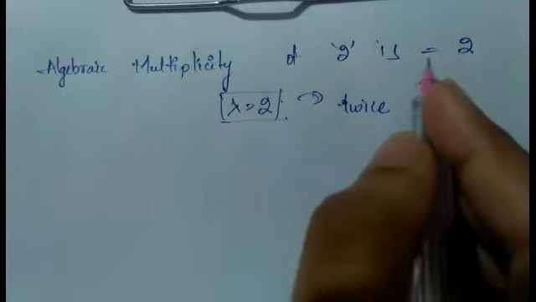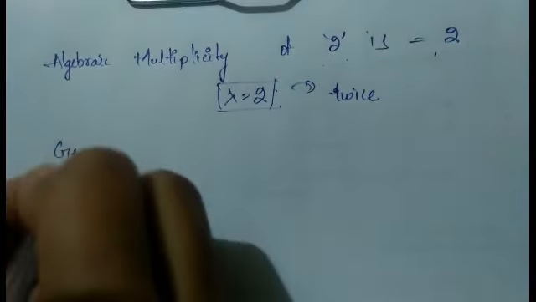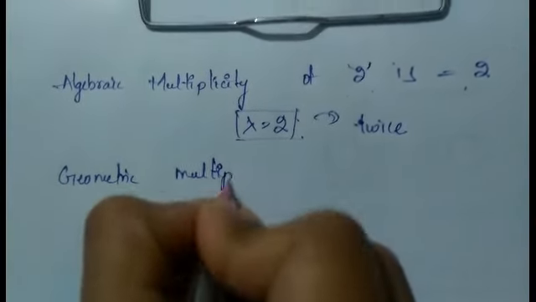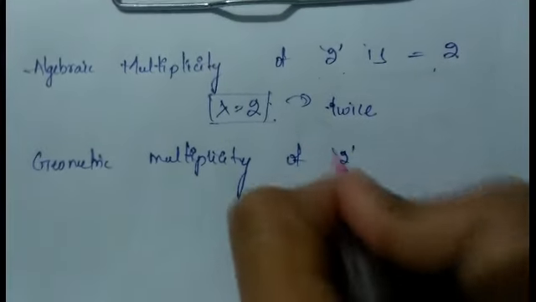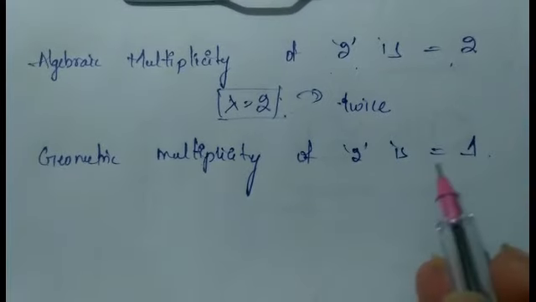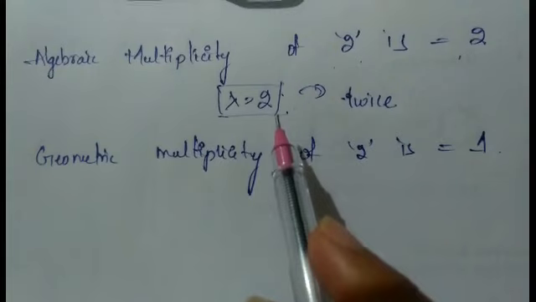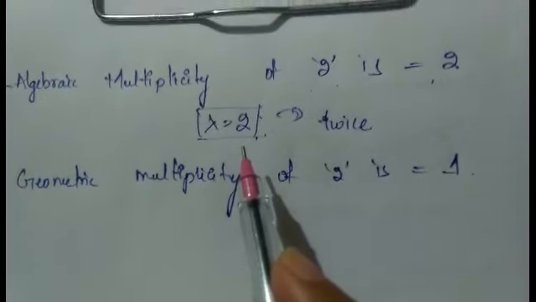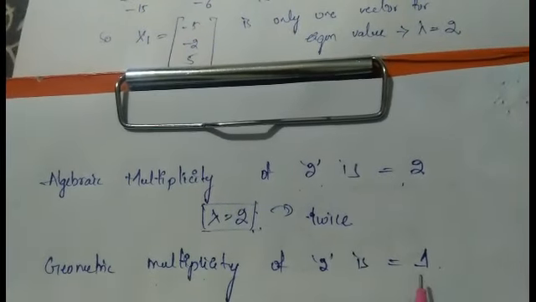So algebraic multiplicity of eigenvalue 2 is 2. Then geometric multiplicity of 2 is 1. Here the 1 comes because for eigenvalue 2 we got only one vector as minus 5, minus 2, 5. So there is only one vector for eigenvalue 2. Then we take the geometric multiplicity of 2 as 1.